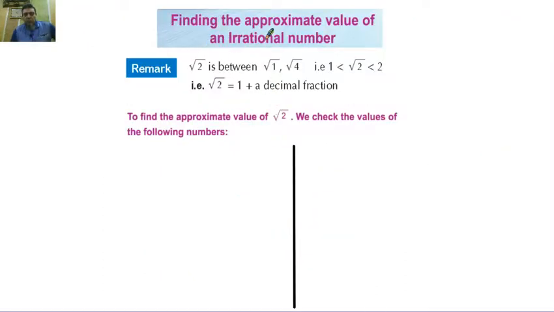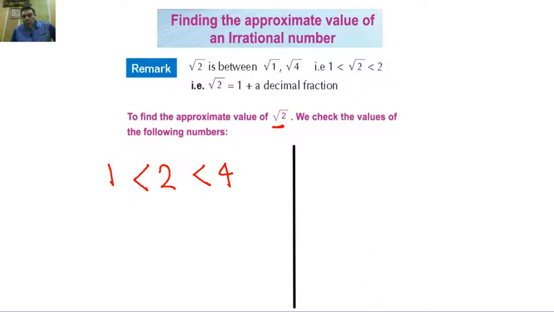Find the approximate value of the irrational number. To find the approximated value of the irrational number, we must do the following steps. 2 is greater than and less than. We must take a perfect square number less than 2, which is 1, and the perfect square number greater than 2, which is 4.